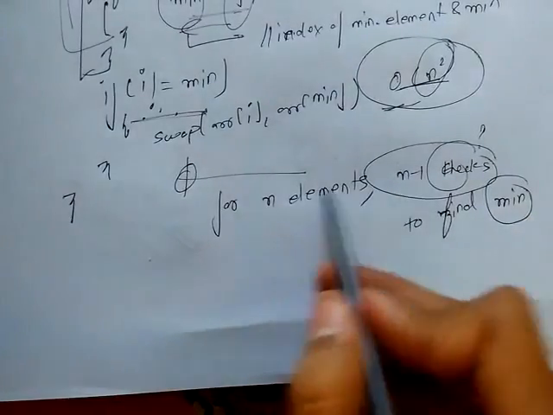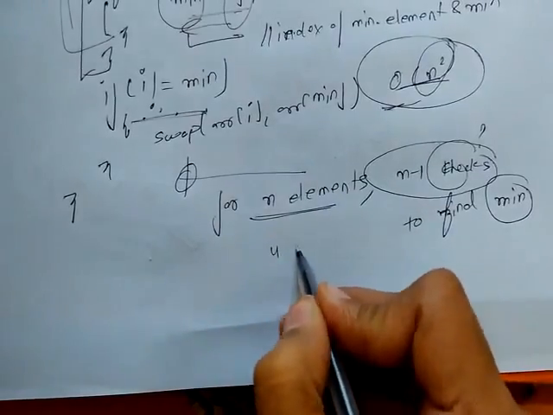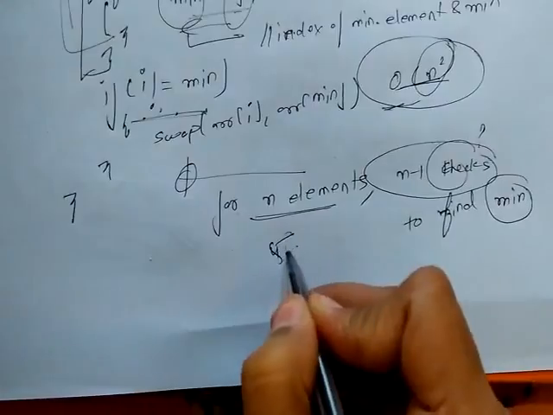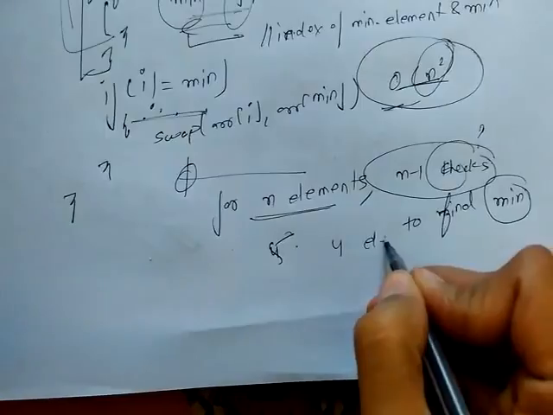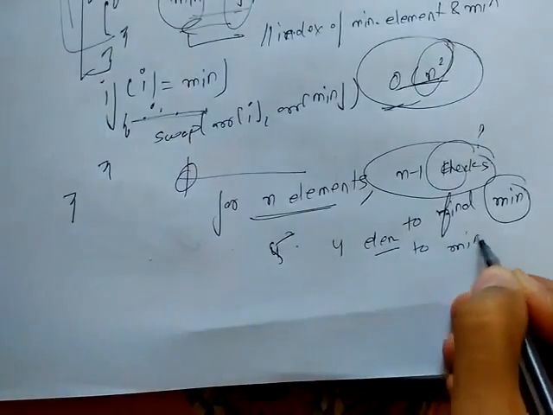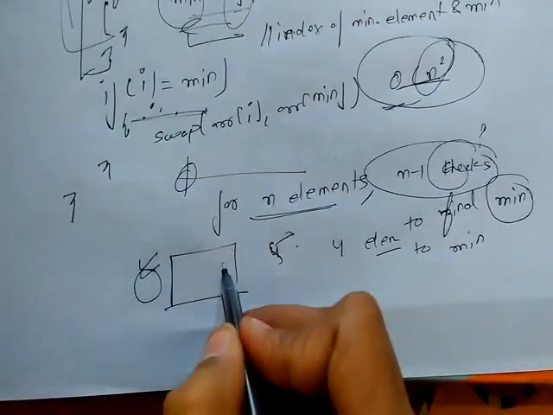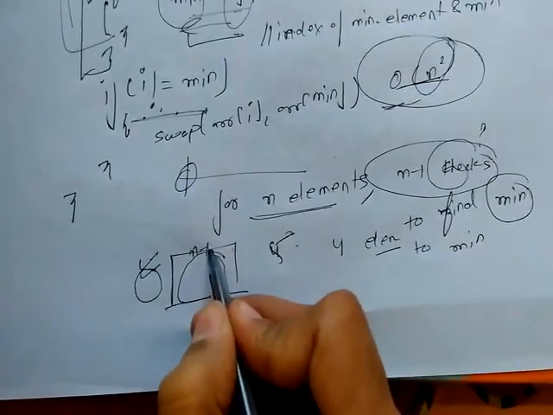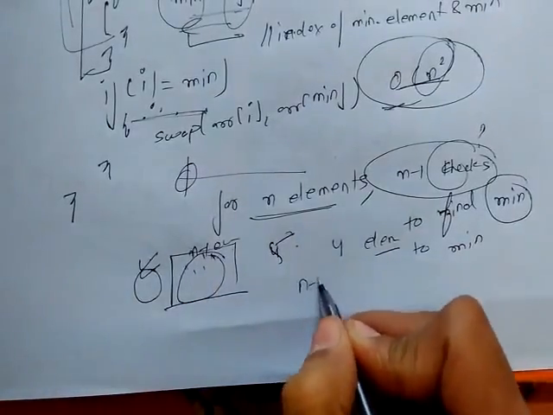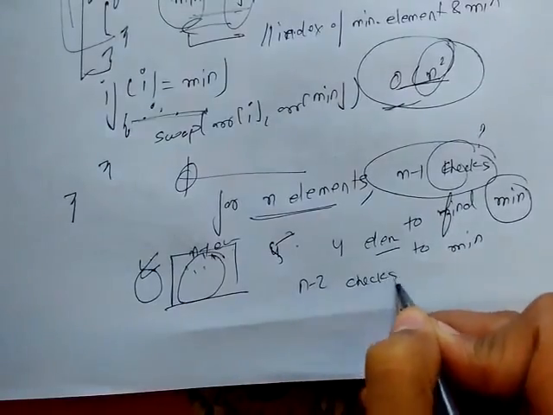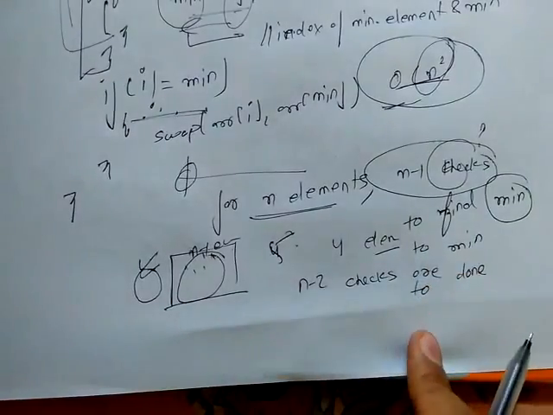So basically, if n elements are given, for example, here we had 5 elements. In 5 elements at the start we were checking 4 elements to find the minimum. And when one of my elements got sorted, the rest of the array will have n minus 1 elements. And in these n minus 1 elements, n minus 2 checks are done to find the minimum.